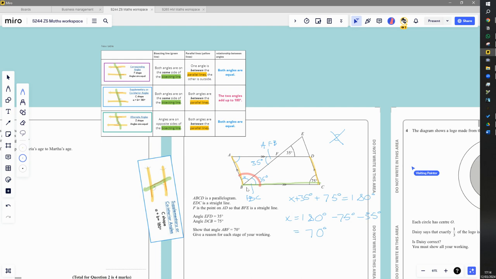And then I can say that ABC, which is the red angle, which is comprised of these two angles, is co-interior with BCD, this 75 degree angle. And then say they would add up to 180, and then you could show the calculation like that, and then rearrange it to show that that's 70 degrees. Okay.